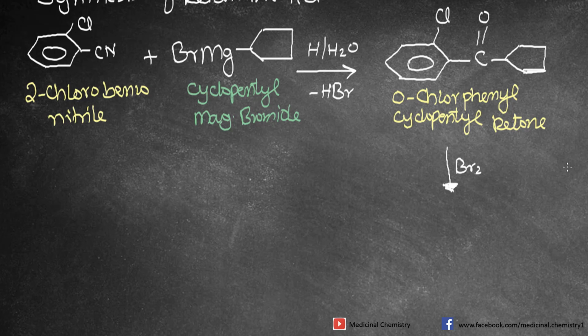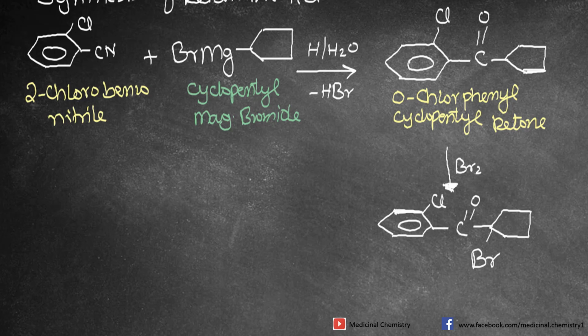Now this orthochlorophenyl cyclopentyl ketone undergoes a bromination reaction. Just remember that the chlorine atom and the parent compound are the same, there is just the addition of one bromine, and the remaining compound is still the same.